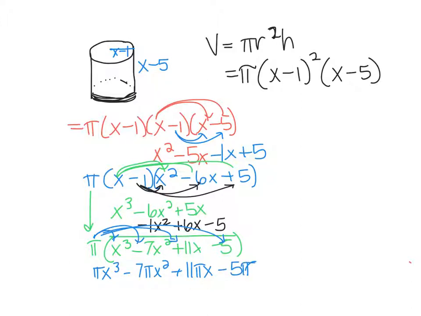This would be the answer left in terms of pi. Someone will use the pi key later on if they wanted an approximate value, but this is the exact value. Alright, so there's a cylinder that actually was multiplying 4 pieces together. So you pick 2 and multiply, then you multiply in 1 more, and then lastly you multiply in the 4th one. If you have questions, ask in class.